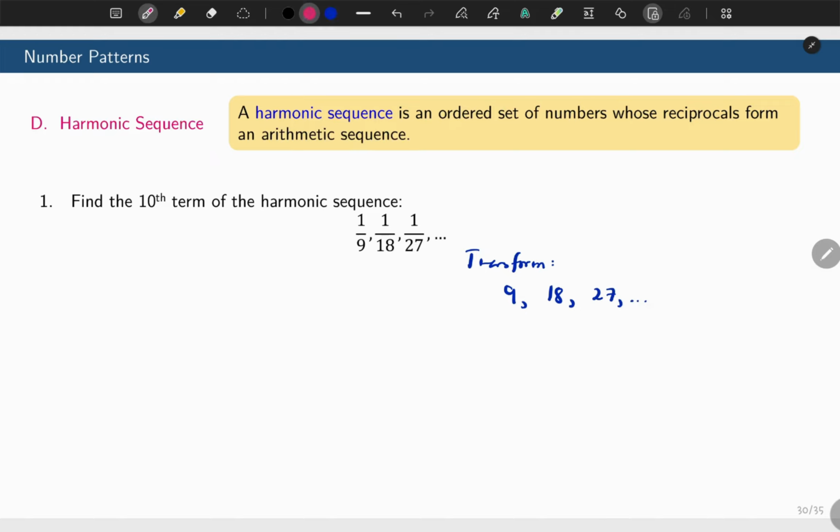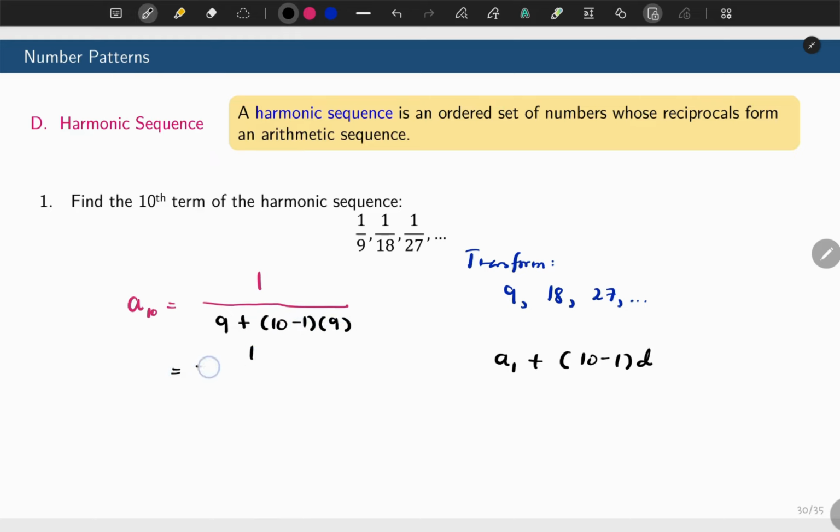Okay, so we can now get A sub 10. A sub 10 is equal to 1 over, so let us get the A sub 10 of the arithmetic sequence. So this is just the same as what I'm doing right now. So we have 9, so that's A sub 1 plus 10 minus 1 D, correct? 9 plus 10 minus 1, and then the common difference is 9.